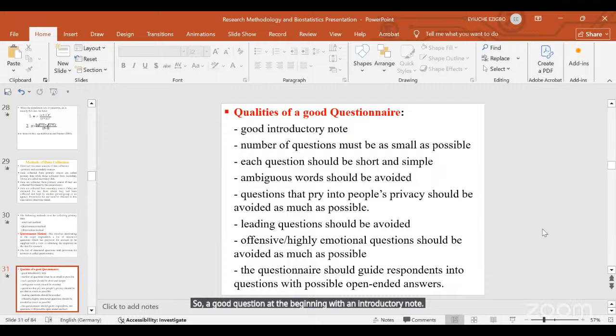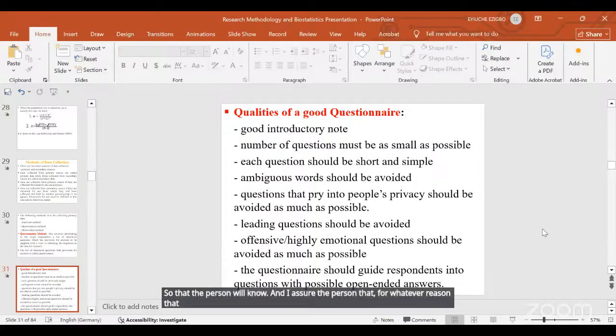Then you will specify exactly what you want to use the information that the person is supplying for, so that the person will know, and assure the person that for whatever reason this information will not be seen anywhere, that it is not going to be divulged.